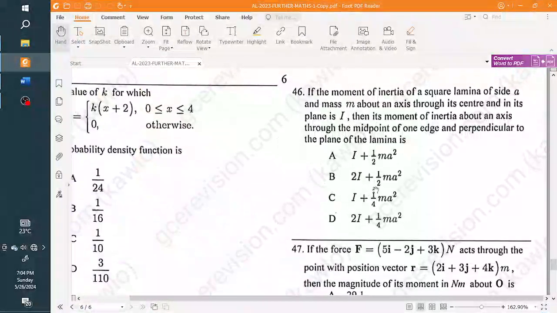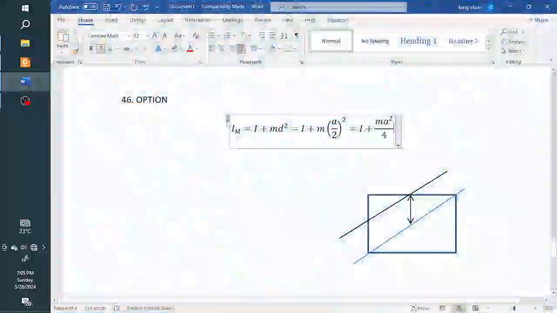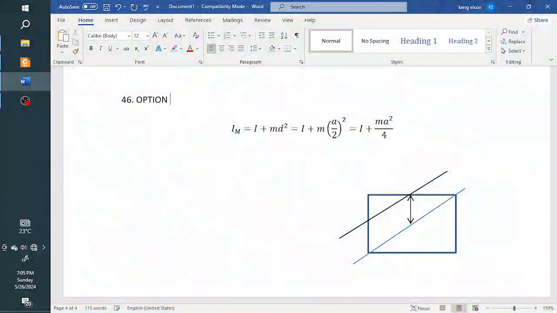So I plus ma squared on 4, so option C is correct. Option C.